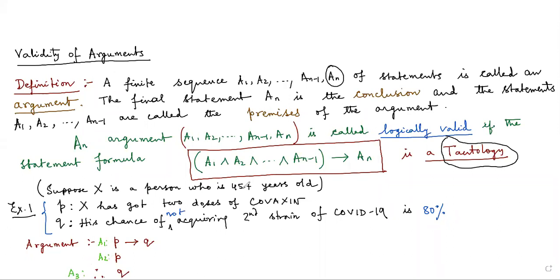According to the definition, I need to show that A1 and A2 implies A3. I need to show that this is a tautology.